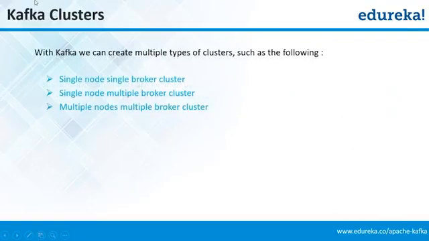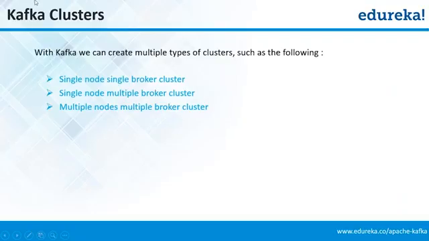Fine. So let's briefly talk about the different ways you could potentially set up the Kafka cluster and how you can leverage Kafka for various use cases. Primarily there are three modes which you can use based on your use case and your requirement.